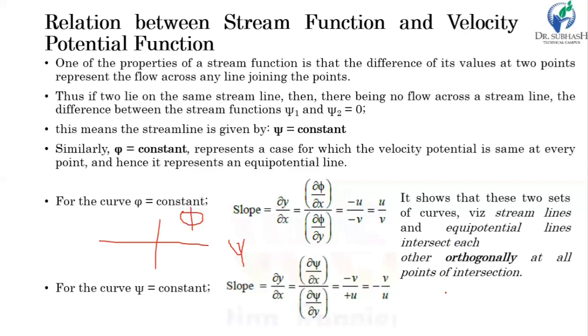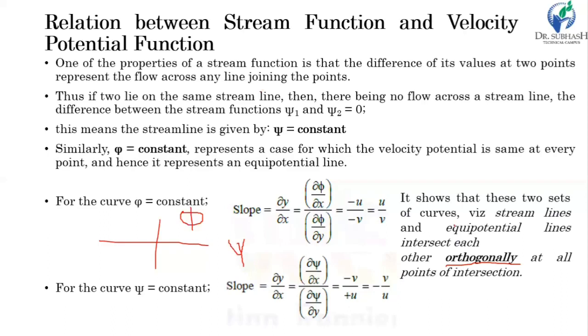So we can say the streamlines and equipotential lines intersect each other orthogonally at all points of intersection. Whenever they intersect each other, they will always intersect in the orthogonal direction, or we can say at right angles. So this is the relation between these two functions.